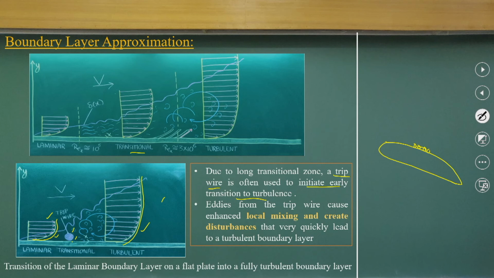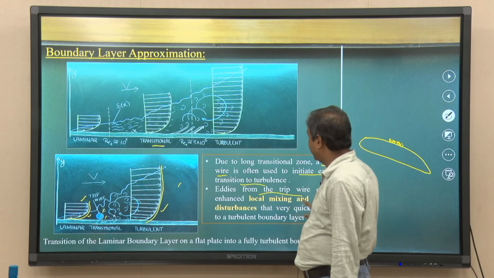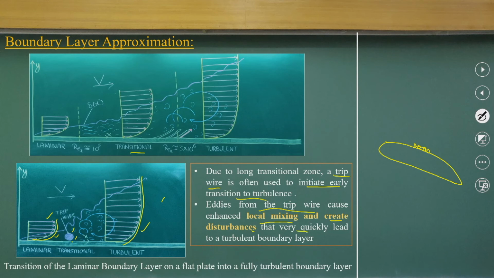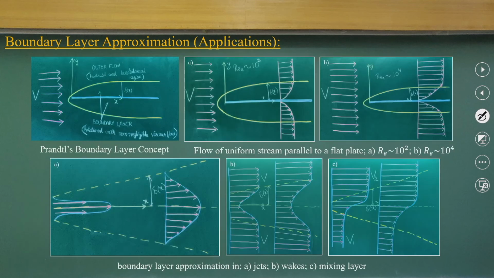And the eddies from the trip wires cause enhanced local mixing and create disturbances that very quickly lead to a turbulent boundary layer. That is what we follow in most designs, to avoid these transitional zones. That is the reason we put the trip wire, to go as quickly as possible from laminar to the turbulent zone.